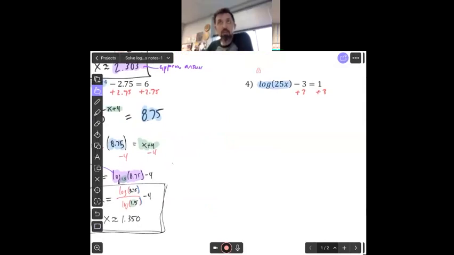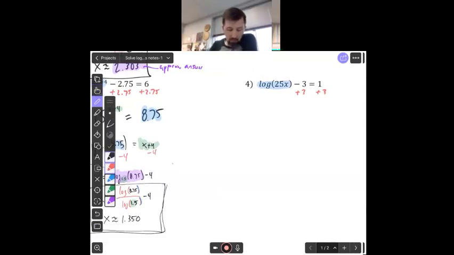All right, this one's going to be pretty nice to us. Kind of like number 2 was. So we already saw that we were going to get rid of the 3 first. Okay. So our log is isolated. So once we isolate the log, that's our step 2.